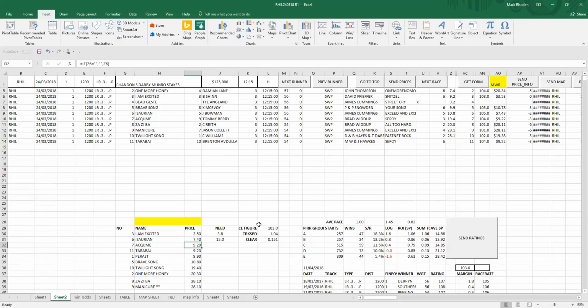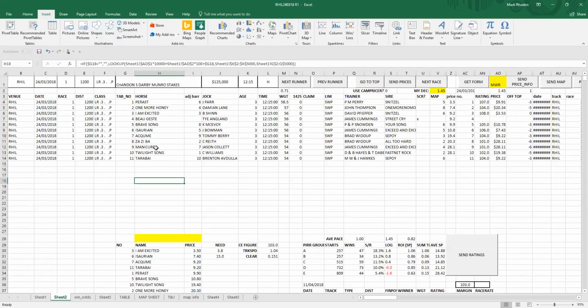I know they're a good value price, and I've tested the rating I've given them, that I'm very confident I couldn't really get this horse much longer than the price I've got it, and it's still backable odds, and it's still a real winning chance. So that sort of explains that, hopefully.